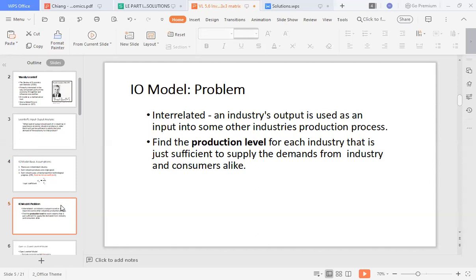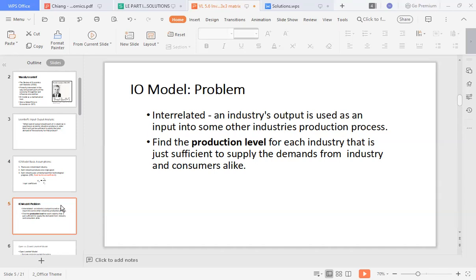Now the input output model. Now again, class, the key idea about the input output model is that there are interrelated industrial sectors. So when we say interrelated, it means that an industry's output is used as an input in some other industry's production process.